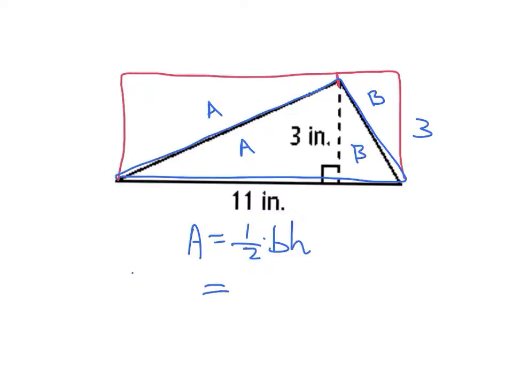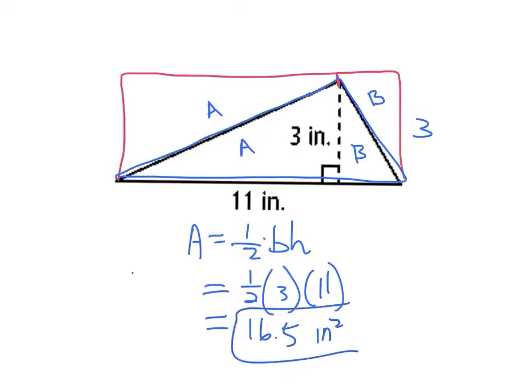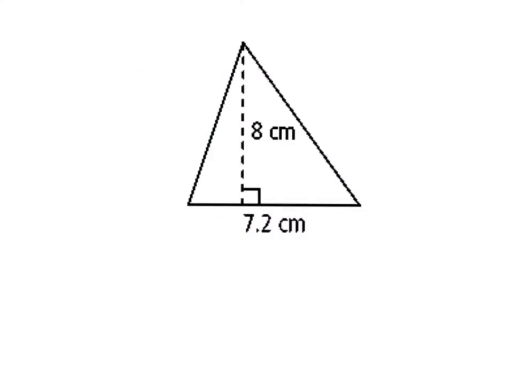So finding the area of the triangle, 1/2 times 3 times 11, and that gives us 16.5 square inches. In this problem, we're finding the area of a triangle, so that's 1/2 base times height. So go ahead and figure out this problem.